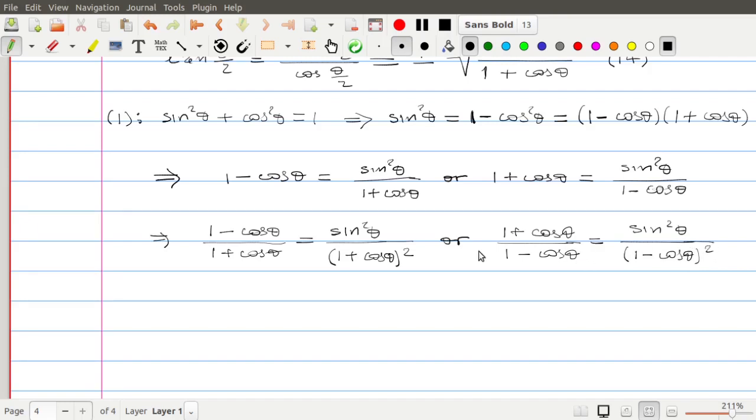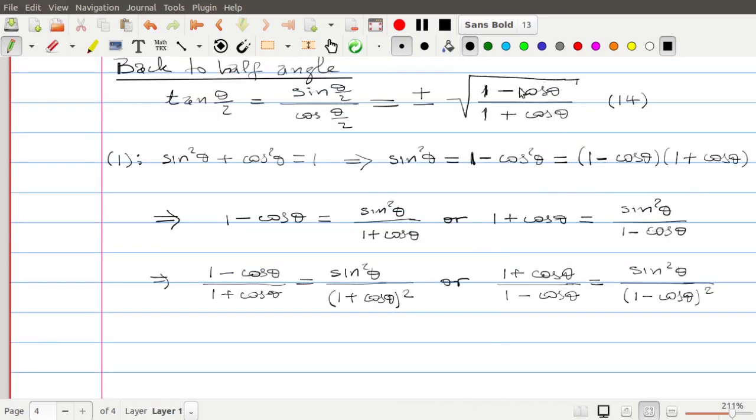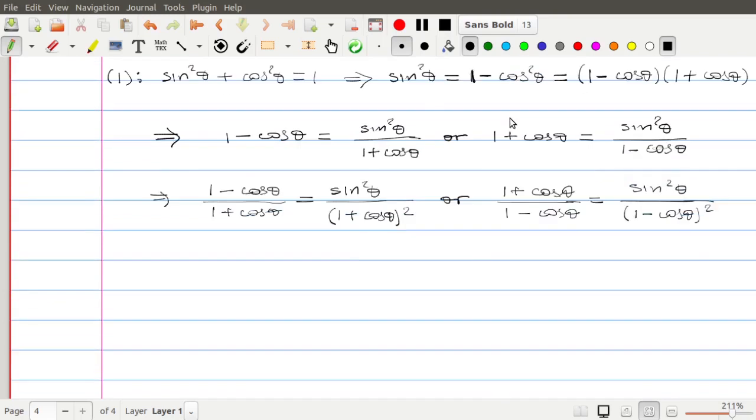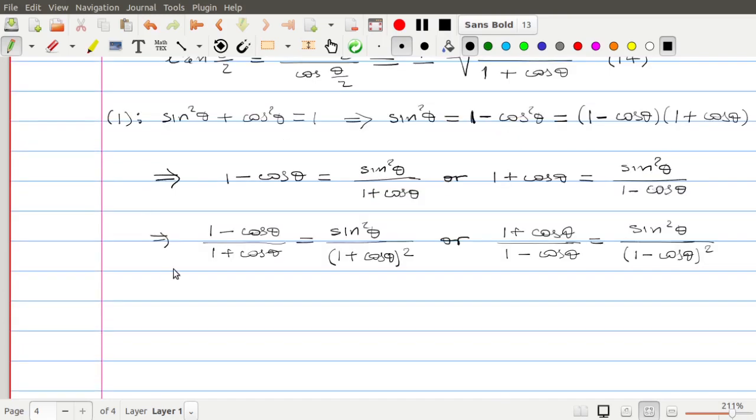So we have these two formulas that will allow us to express this ratio. This expression will give us the square root of 1 minus cosine theta, and if you take the reciprocal of this, it will also give us the same.